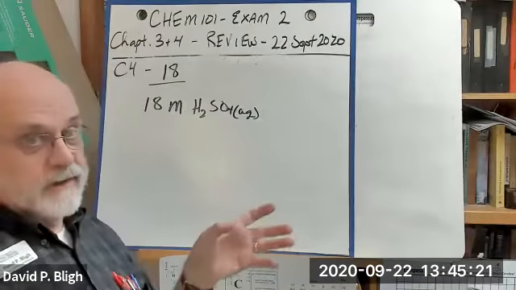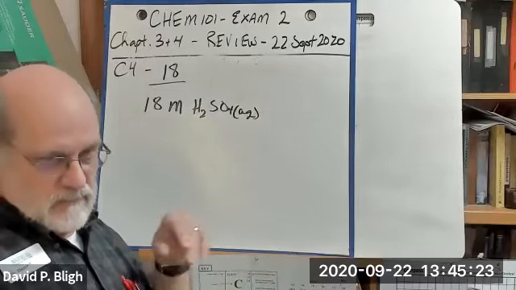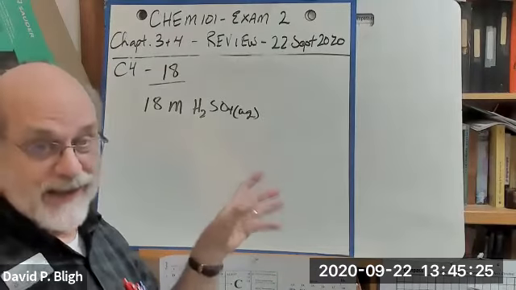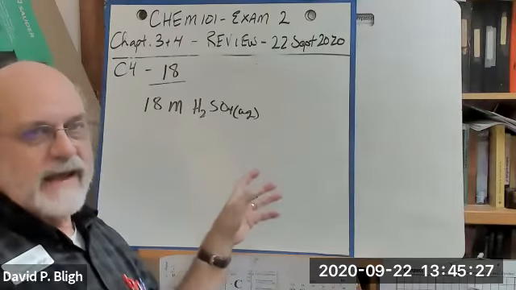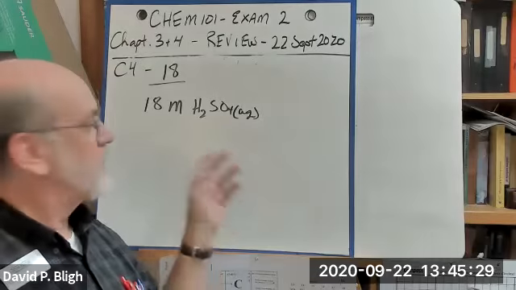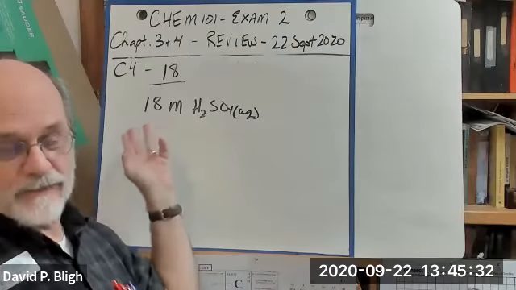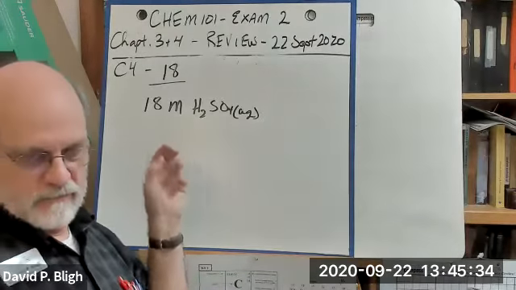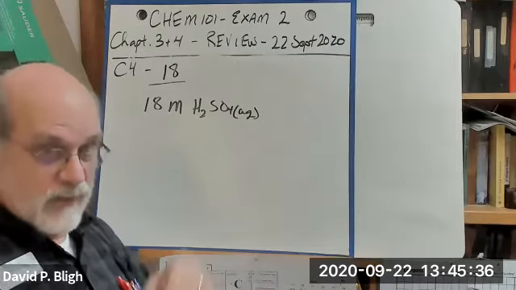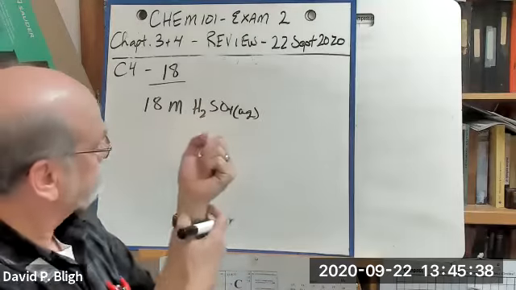That's pretty concentrated. It's not as concentrated as you can get. 98% sulfuric acid is 36 molar. So that's about half strength of what you can buy from a supplier.